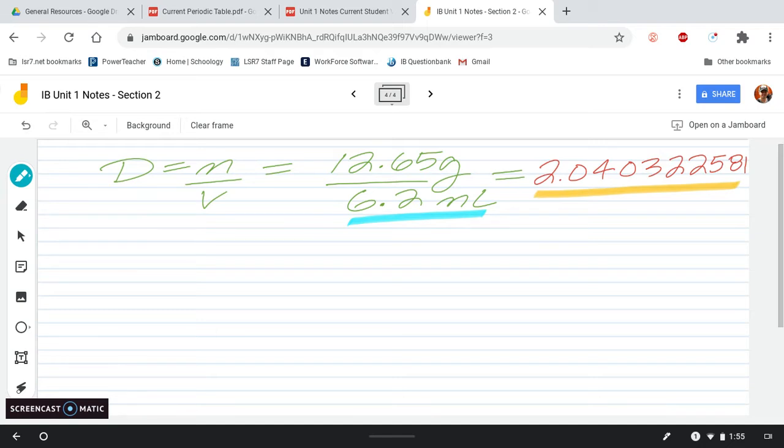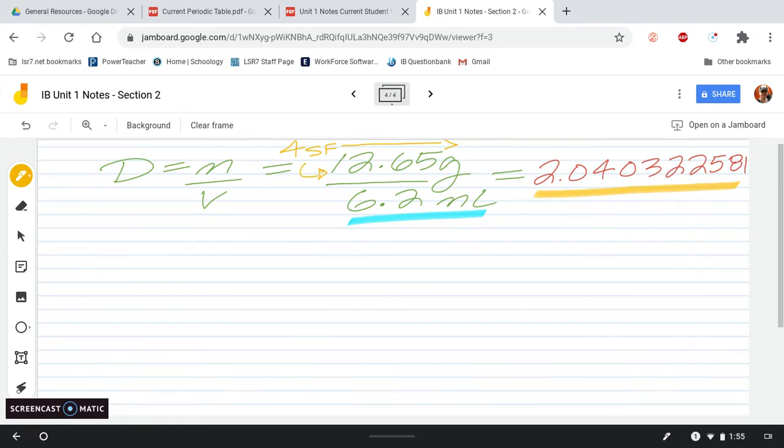So what you're going to do is come over here and count your sig figs. In this top number, the 12.65, I would come in from the left because I do have a decimal there. 1, 2, 3, 4. So the top number would be 4 significant figures. But now look at the bottom number.